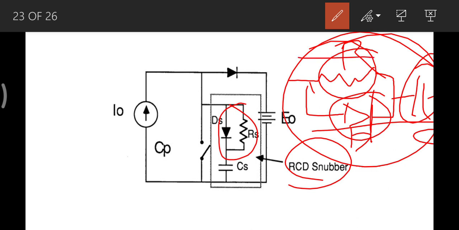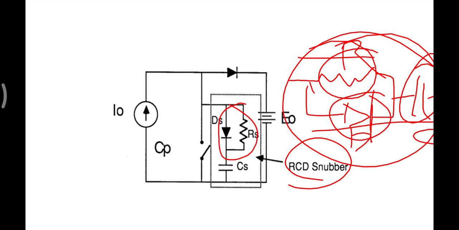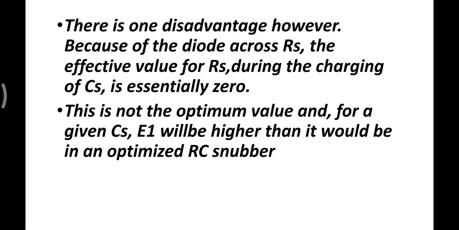When this resistor is 0, only then does the maximum current flow through the capacitor, and only then does the capacitor start charging. Otherwise it is not possible to charge the snubber circuit. So this is one of the disadvantages in the RCD network.